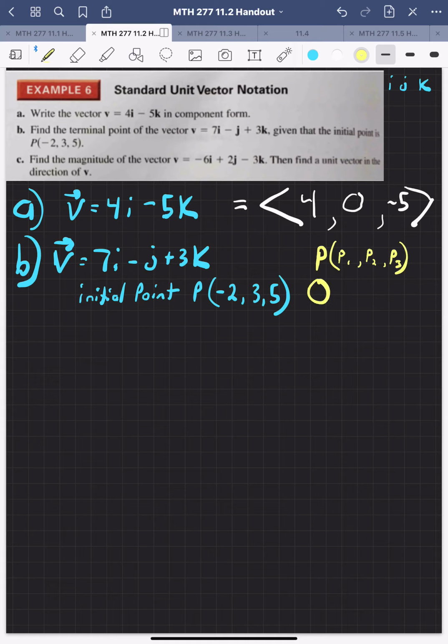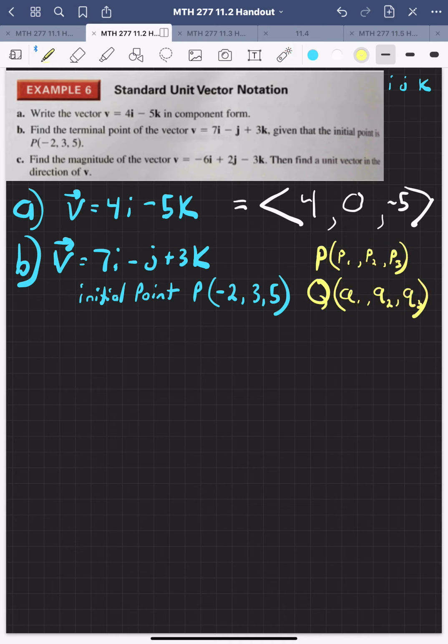And we'll say that point Q, now this is going to be the terminal, is at Q sub 1, Q sub 2, Q sub 3. I could have used, by the way, x sub 1, y sub 1, z sub 1, x sub 2, y sub 2, z sub 2. But I actually wish I would have now, but not that it matters.